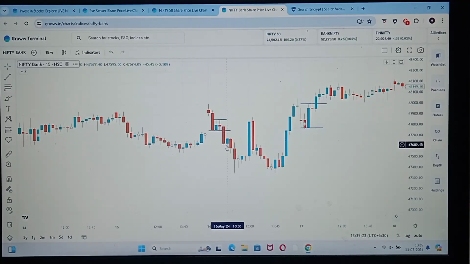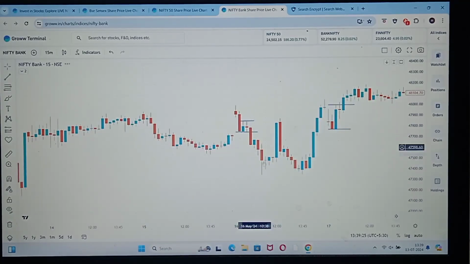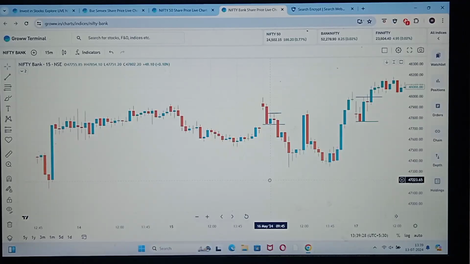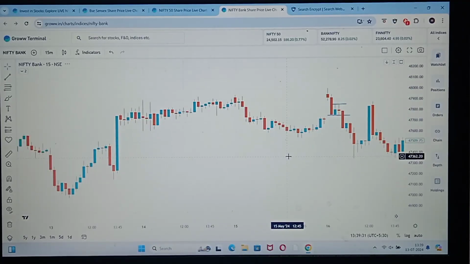We made 80 points, and if we will be trailing our stop loss easily we will be making 300-400 points, which is a good profit. And the best thing about this strategy is this is more trustworthy because you are getting a 15-minute time frame to trust your setup.